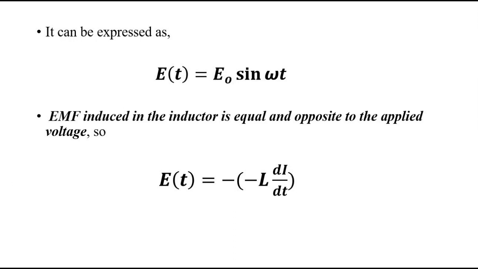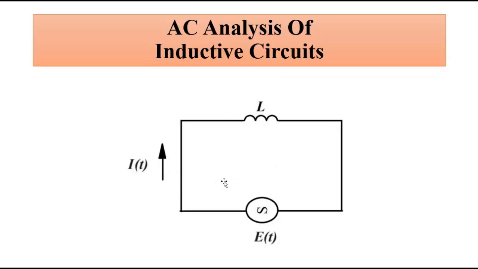Now we know from Faraday's law and Lenz's law, the concept of electromagnetic induction, that when current through a conductor or coil changes, we are dealing with a time varying, alternating EMF. So obviously there will be alternating current. Whenever current changes, there will be a change in flux, and change in flux produces EMF.